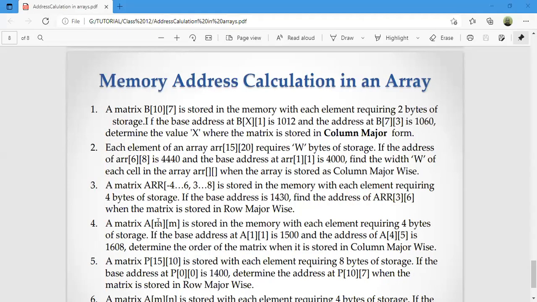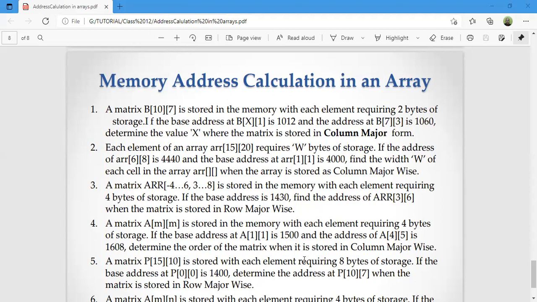Okay, now here the matrix M, comma M, it's a square matrix, is stored in the memory with each element requiring 4 bytes of storage. If the base address at A[1,1] is 1500 and the address of [4,5] is 1608, determine the order of matrix. Means you have to find the size of the matrix, actual size, that is M, N, you have to find out. Now, since it is a square matrix, both M and N will be same.